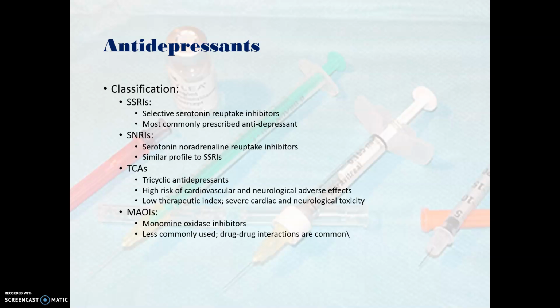The monoamine oxidase inhibitors, which are these days less commonly used because drug-drug interactions are common with this group. And finally, atypical antidepressants, which really don't have any unifying mechanism of action, and there's a different profile for each drug. We're really going to focus on the SSRIs and TCAs.